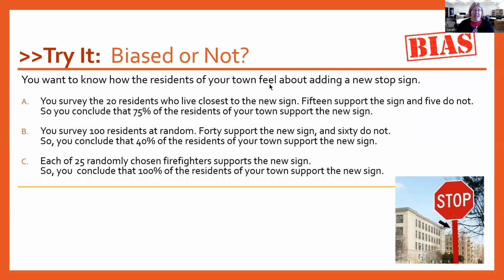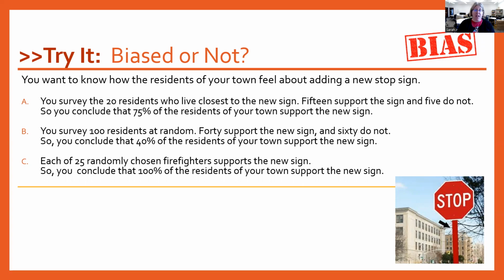All right, this next example is based on this question. You want to know how the residents of your town feel about adding a new stop sign. So we have 3 different strategies here. The first one, you survey 20 residents who live closest to the new stop sign. Based on their results, you conclude 75% of the residents of your entire town support the new sign.